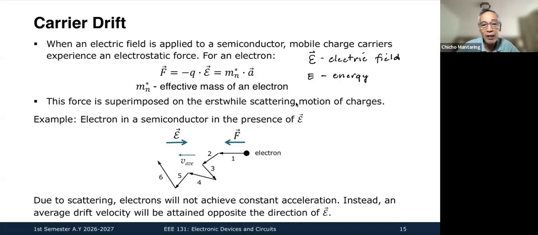It's just a concept that they use to relate the acceleration of electron with respect to the electrostatic force that it receives from an electric field. Merong mga published values yan sa mga references.